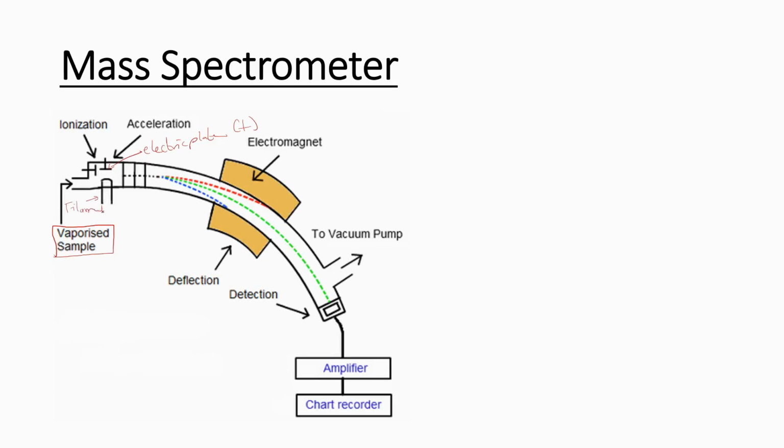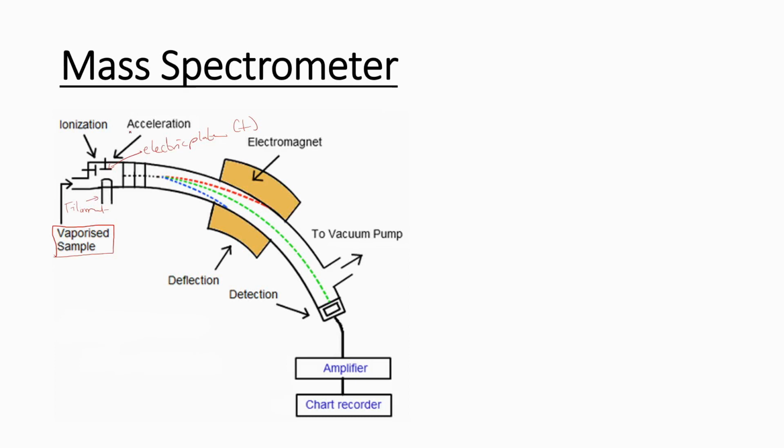When that filament is heated, electrons are boiled off. Those electrons travel to the positive electric plate. And when this happens, any gaseous atoms or molecules passing through will be hit by these high energy electrons, and they will ionize by knocking off electrons from the vaporized samples.